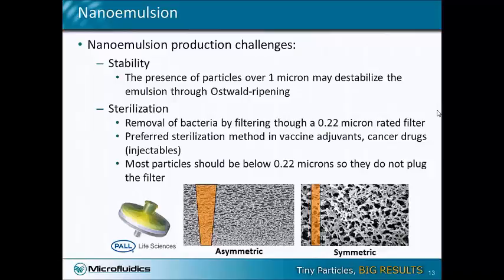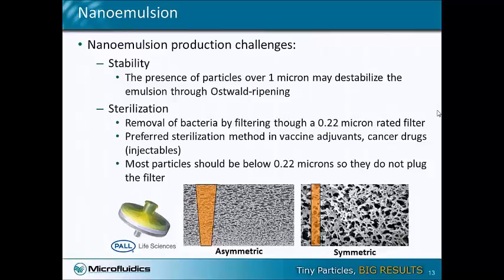This process will go on until the emulsion is unstable. So the process really needs to be controlled so as not to produce many or any large particles, and your particle size analysis method should be able to capture this.